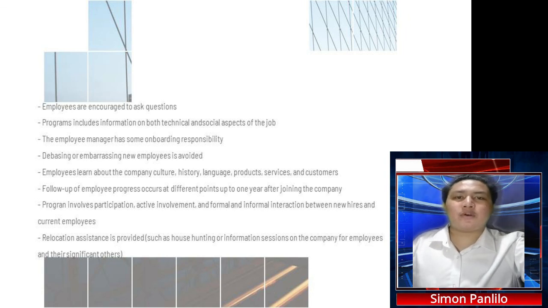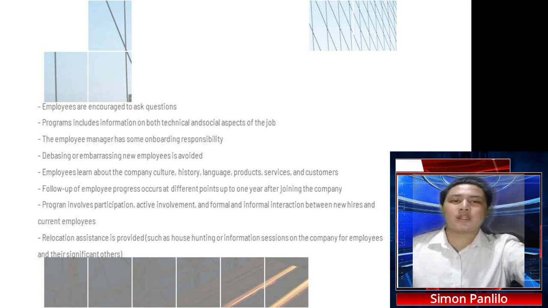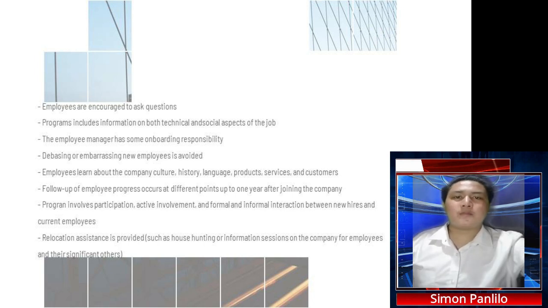The hazing or embarrassing of the new employee is avoided. Employees learn about the company's culture, history, language, products, services, and customers. The program includes participation, active involvement, and formal and informal interaction between new hires and current employees.